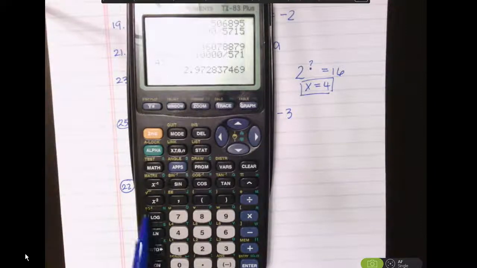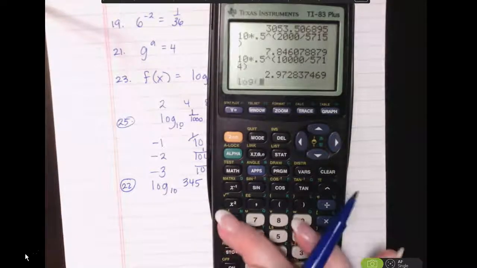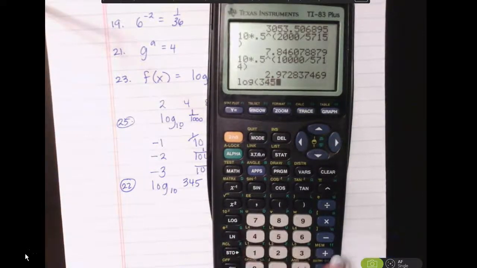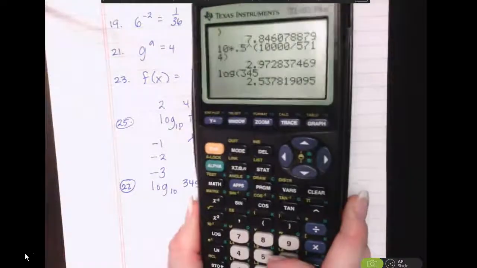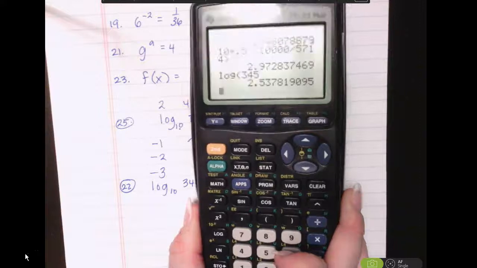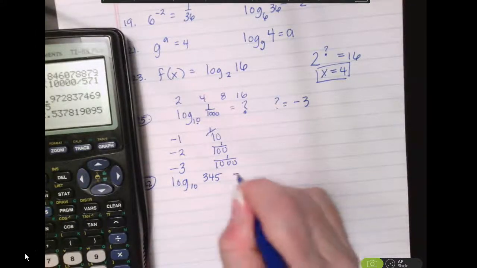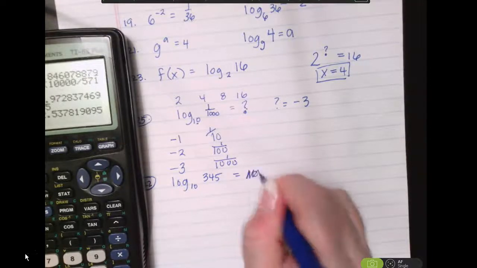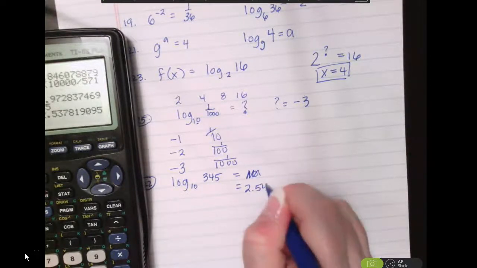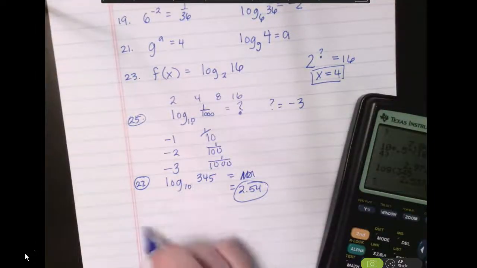So that serves as a reminder that the log base in your calculator is base 10. So if I just punch in log of 345, that's going to tell me 10 to the what power is going to give me 345. So basically 10 to the 2.54, 2.54 is my answer.